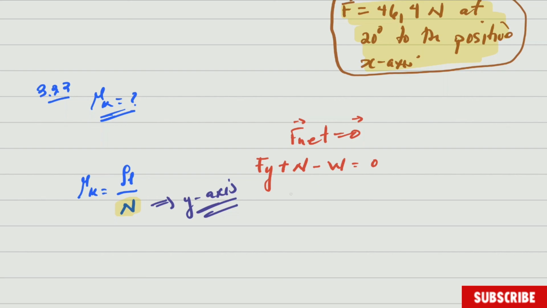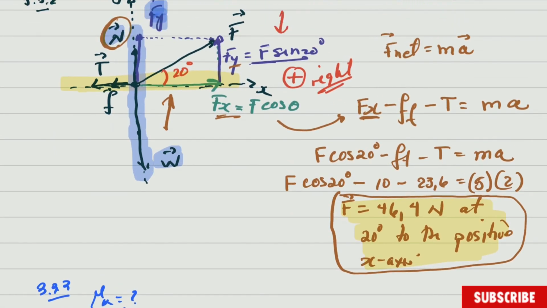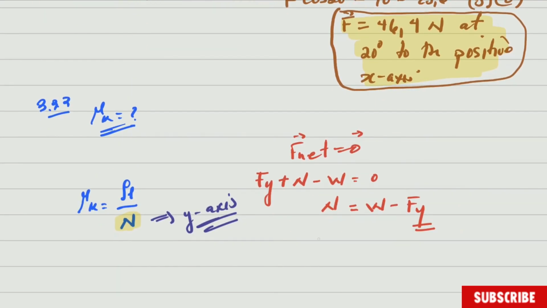And when you rearrange this one, you can have that normal force is equal to weight minus force in the y-axis, which we also don't have, but you know how to calculate it, we already spoke about that. So we can substitute that formula here. The normal will be equal to weight, which is mass multiplied by acceleration due to gravity, minus the force, which we did calculate already, multiplied by the sine of theta, which is 20 degrees, and let's therefore substitute here 20 degrees.